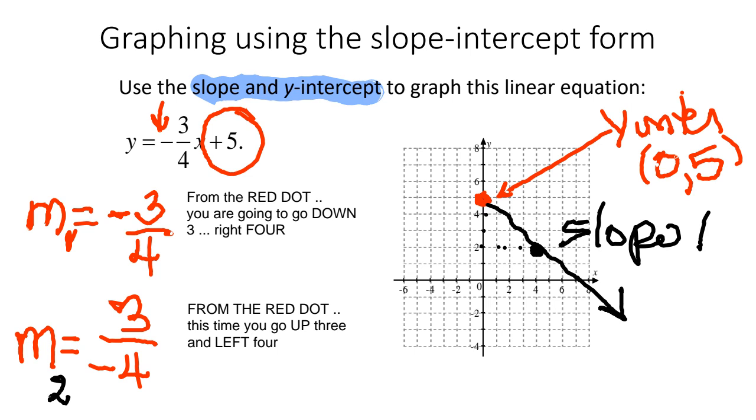If it's right, this number's positive. Well, from this red dot, notice what we're going to do. We're going up 3. I want to make them very skinny lines. Okay, 1, 2, 3, and now we're going left 4. 1, 2, 3, 4.